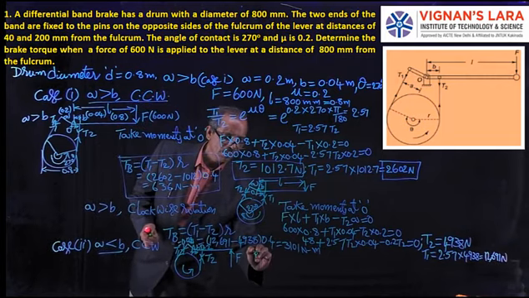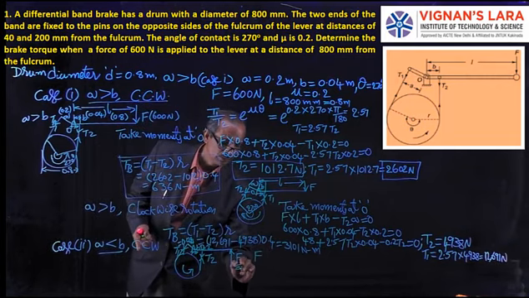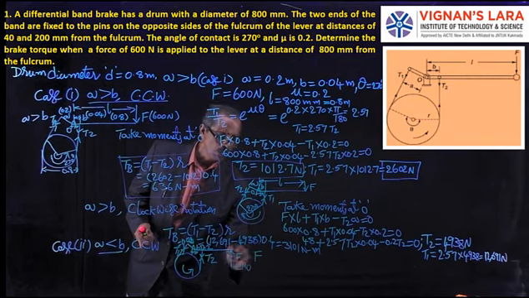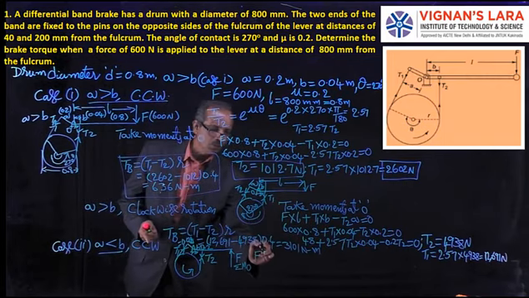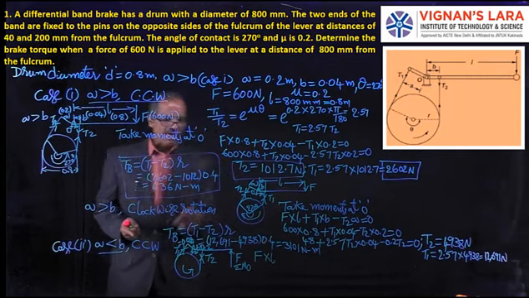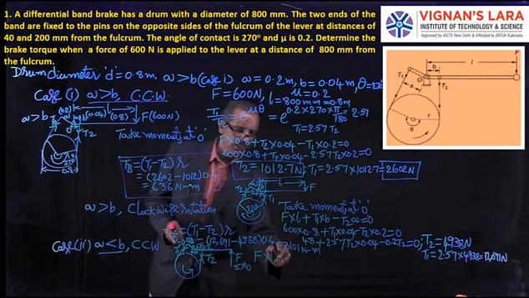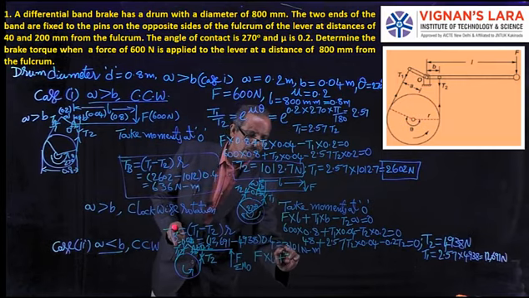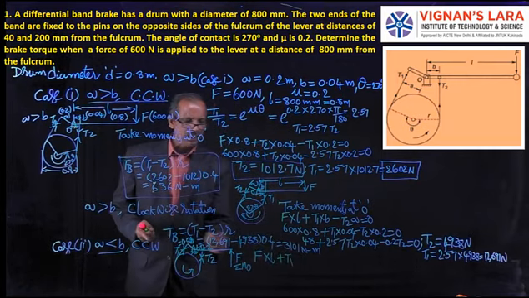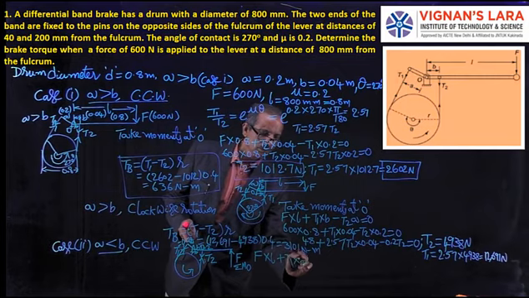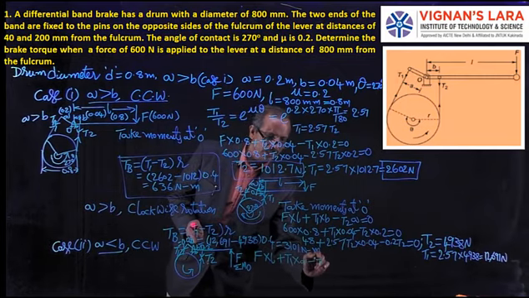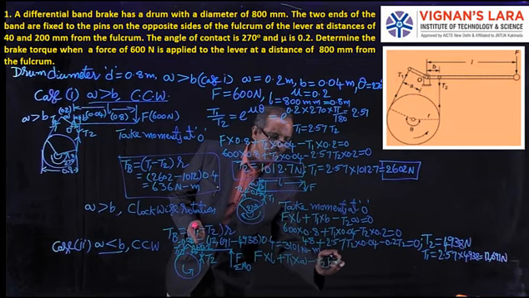So taking moments at O: F into L anti-clockwise, then T1 into A also anti-clockwise, then minus T2 into B, clockwise, is 0.